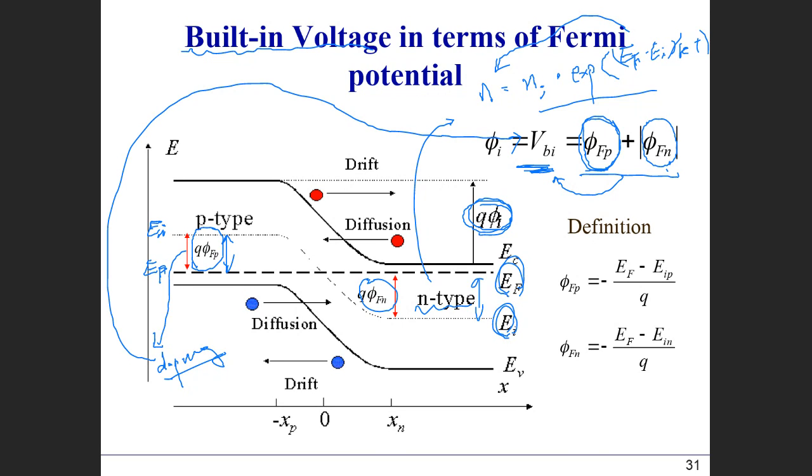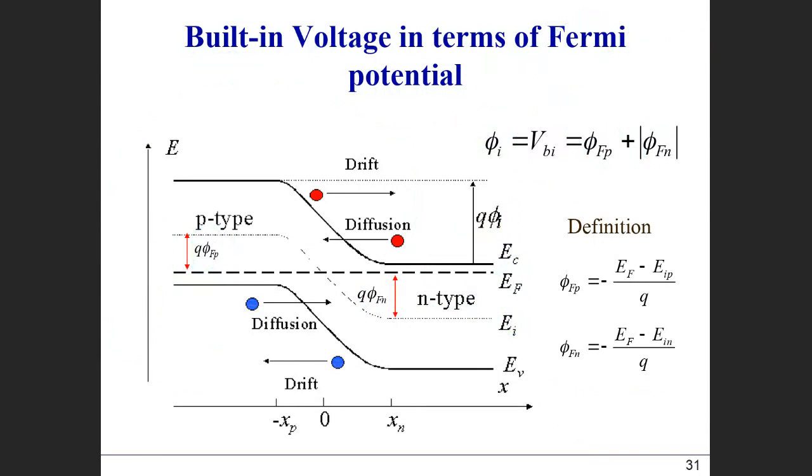So when you make the PN diode with a higher doped semiconductor, compared to a lower doped semiconductor, this PN diode will have a higher VBI from this configuration. Okay, so that we have to understand first.